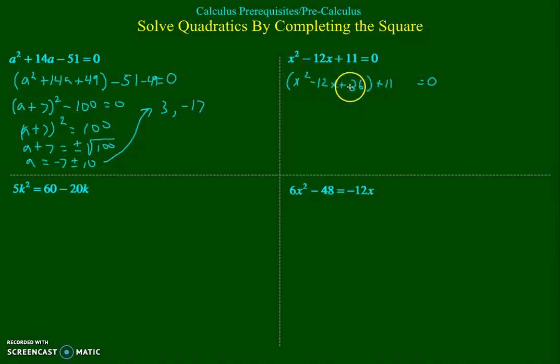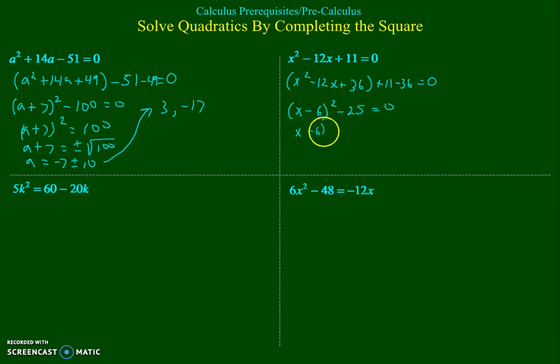Now since we added 36, we've got to subtract 36. Break this down, square root of the first term, that sign, square root of the third term. Now we reconcile this, so this gives us -25 equals 0. Again, nice and convenient value here.